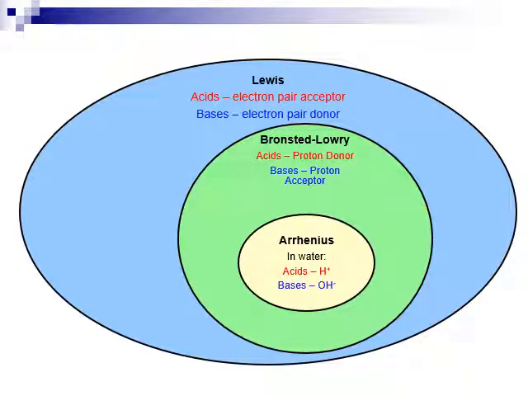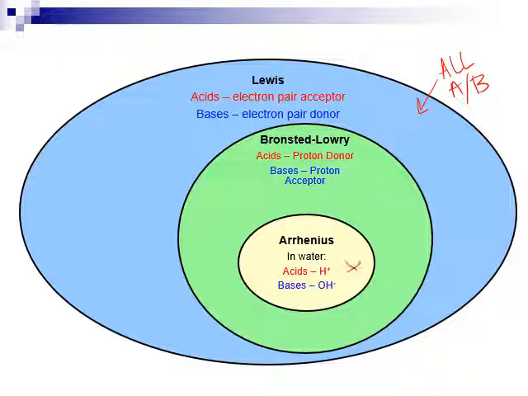Now, just to kind of look at it holistically, what you can see in this diagram is that Lewis encompasses all acids and bases, and Bronsted and Lowry encompasses a great number of acids and bases, but those also can be considered Lewis acids and bases.